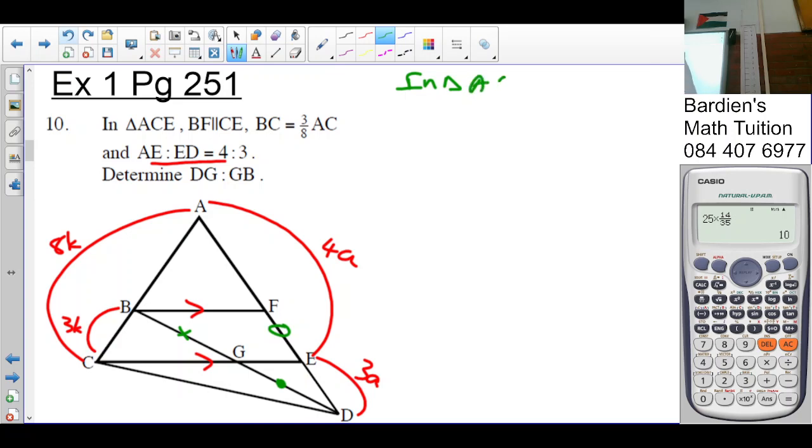ACE. In triangle ACE, we say EF over AE is equal to BC over AC. Why? The proportionality theorem.